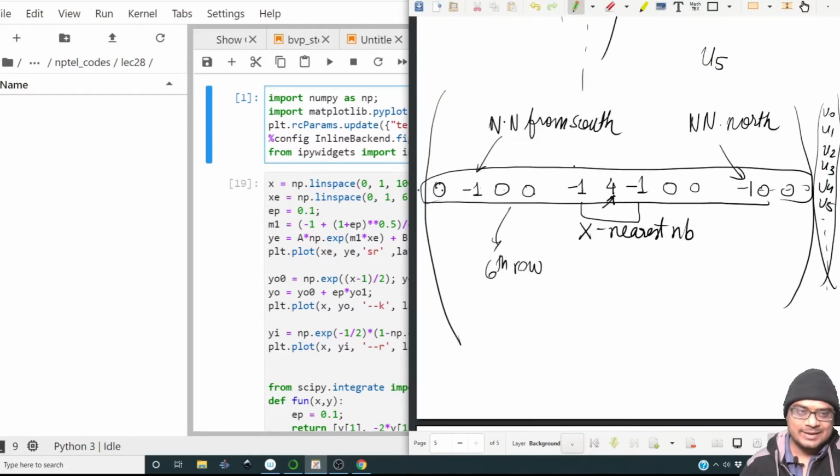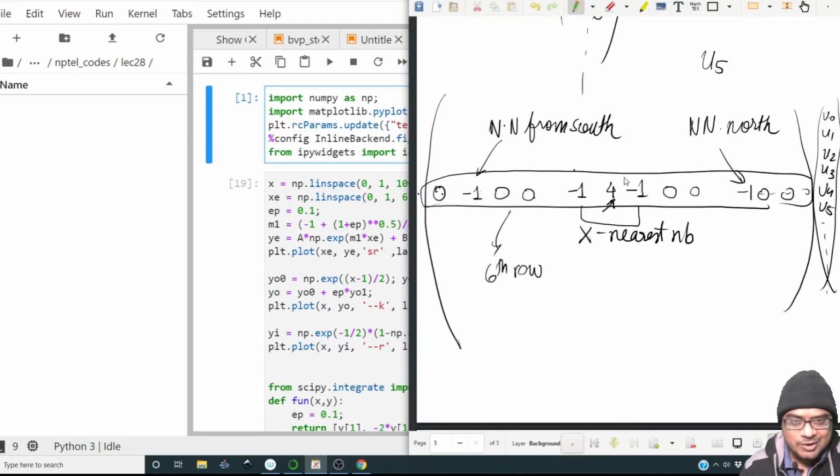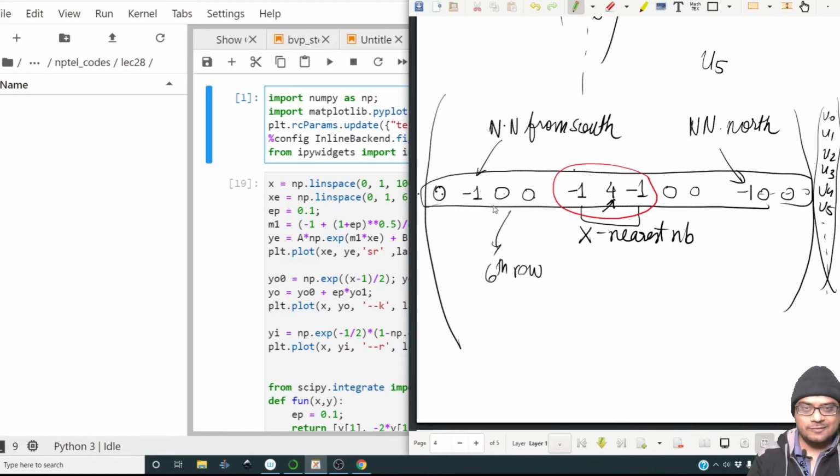But it should be clear that there are n square number of elements. Apart from the nearest neighbors in the x direction, you also have the nearest neighbor contributions from the north and the south. And because of the shift in the linear index by n, from the position of prime importance, that is ij, this corresponds to the linear index 5, right?